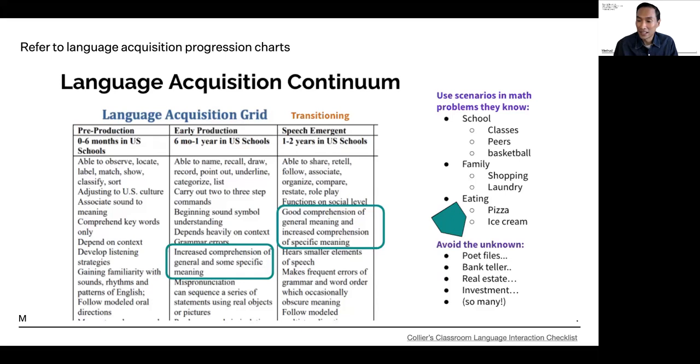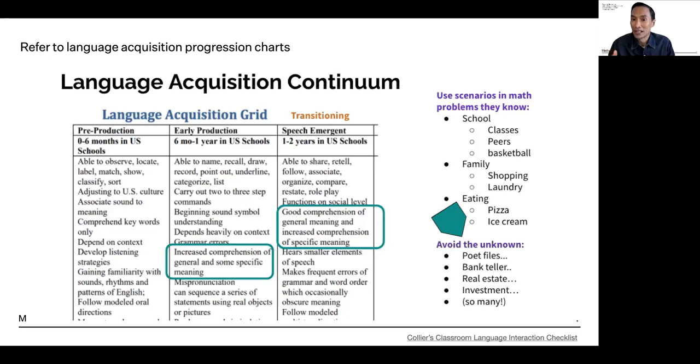Some of the things I listed on the right side, once you have them, once you're thinking of ways or scenarios to teach, put them in scenarios that they understand, like school, like classes, ask them about their peers or basketball. Family is also a scenario that they know, and eating, everyone likes pizza and ice cream, right? So if you can put the terms in these types of scenarios, they become more familiar and easier to understand.